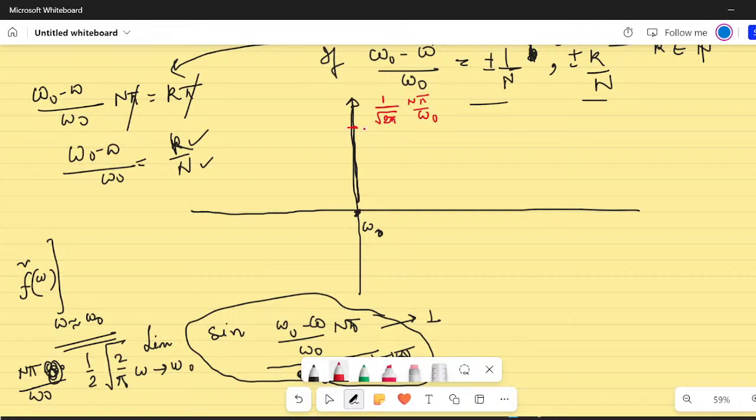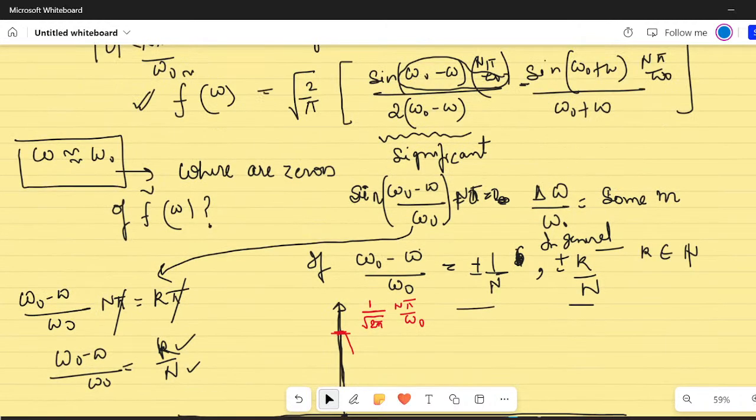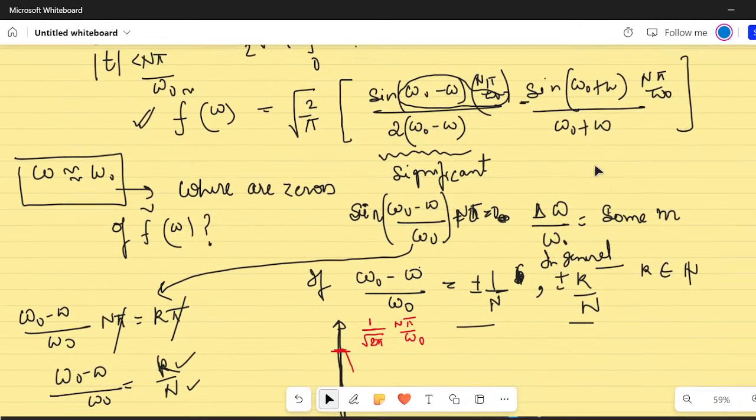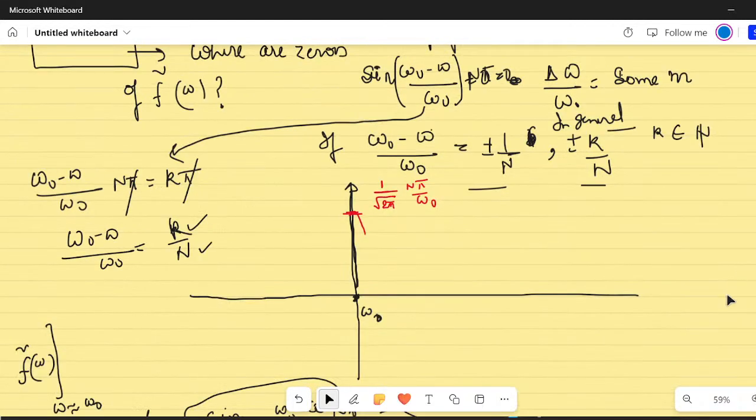So this is how your amplitude will be as omega tends to omega naught. And then you have this function of sine only, no? So how does sine behave? Sine will start decreasing. Now the problem with this particular function is, you see, I'm just trying to show you. If you see this particular function, if I write it in this particular form, that is the form here.